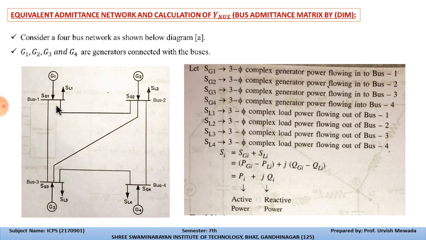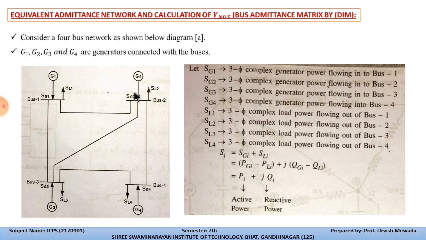Similarly bus number 1 and 3 are connected, but bus number 1 and 4 are not connected. You can see there is no link between 1 and 4. Similarly, bus number 2 is connected with 1, it is connected with bus number 3, and bus number 2 is connected with bus number 4 with the help of a link.